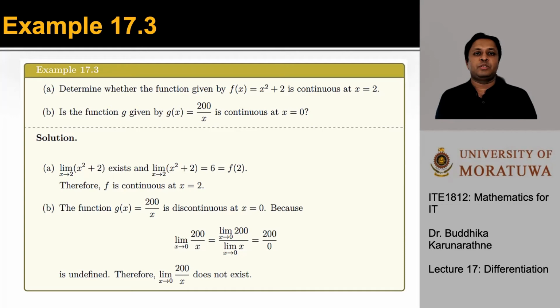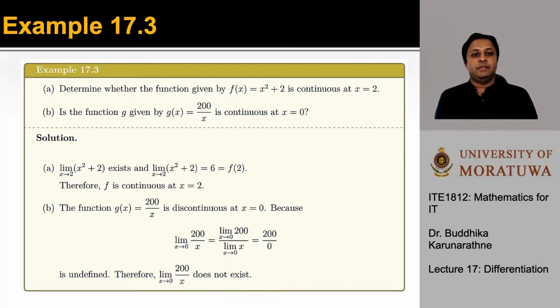In other words, when you substitute 2 for x in the function, you get 6 as the value. So we identify that the limit exists and it is equal to f(2). Therefore, the function is continuous at x equals 2.